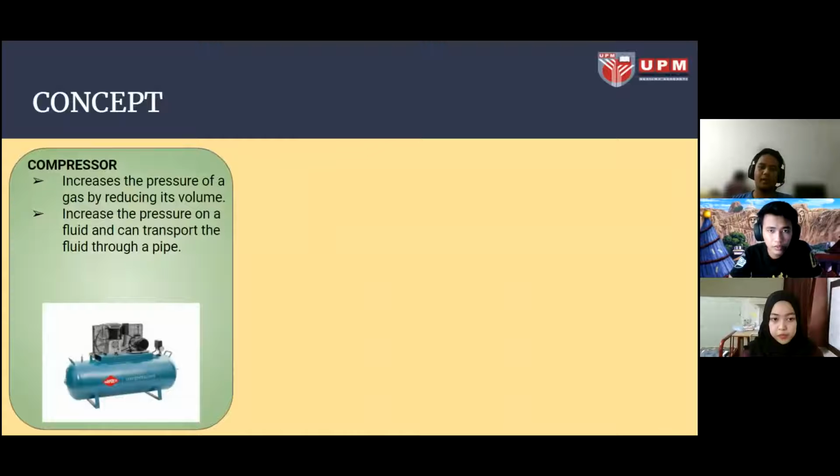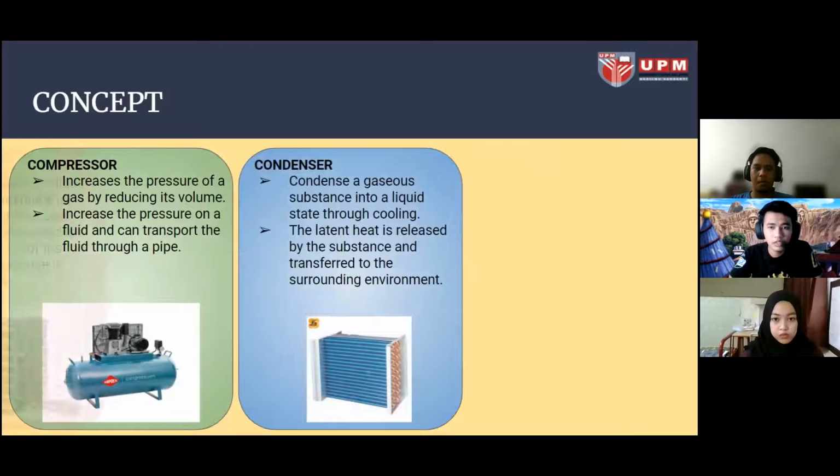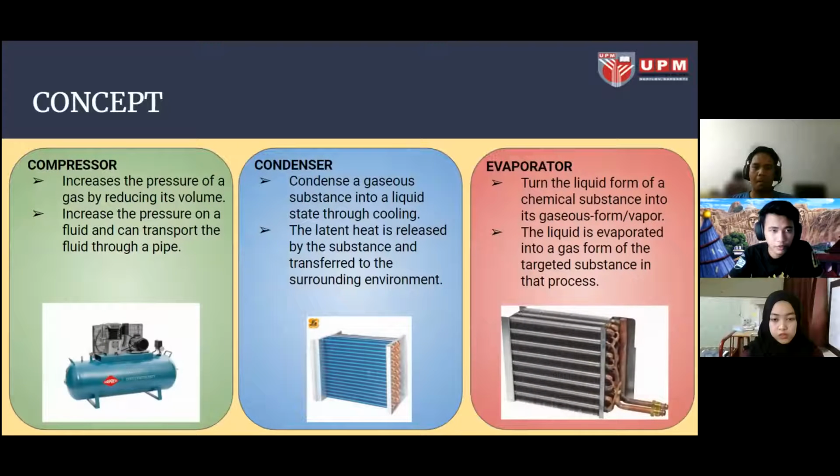As we all know, the chamber has three components involved in heat transfer, which are the compressor, condenser, and evaporator. The compressor is a mechanical part that can increase the pressure of a gas and also the pressure of a fluid. The condenser can condense a gaseous substance into a liquid state through cooling.